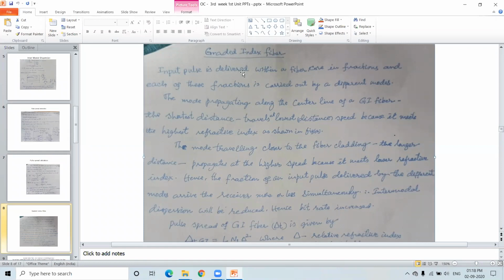I repeat again, how can the velocities of the light be varied in the graded index optical fiber? That is because the whole core diameter is going to have different fractions of refractive indexes.